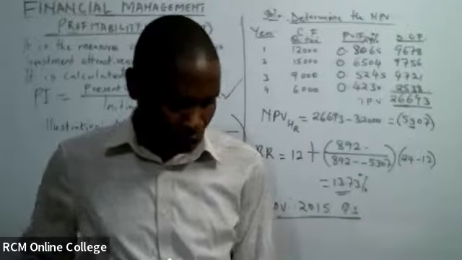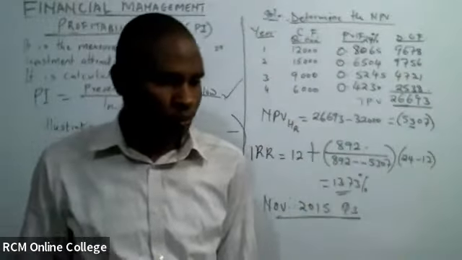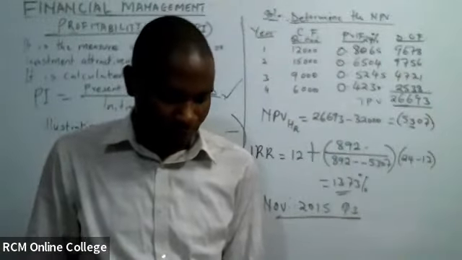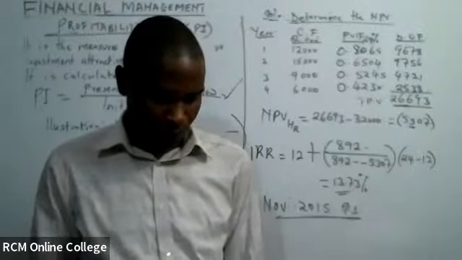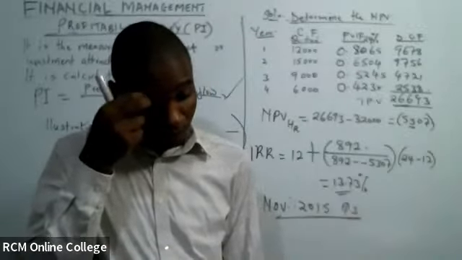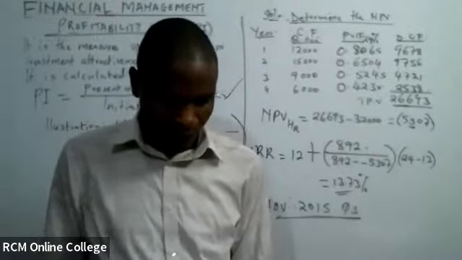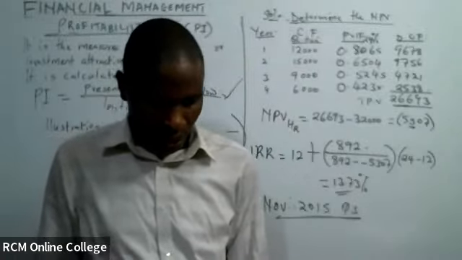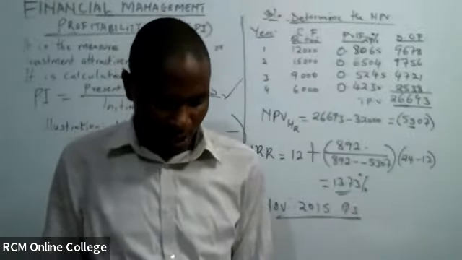So, in that question, what is our cash flow? The cash flow is 65 million? No, that is the initial outlay. Initial outlay is 65 million.